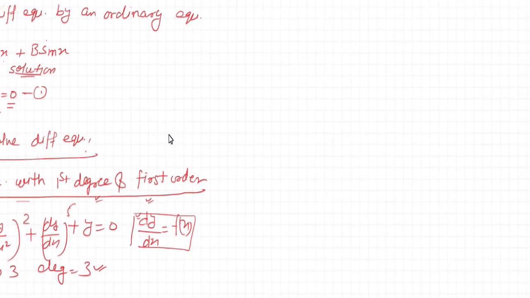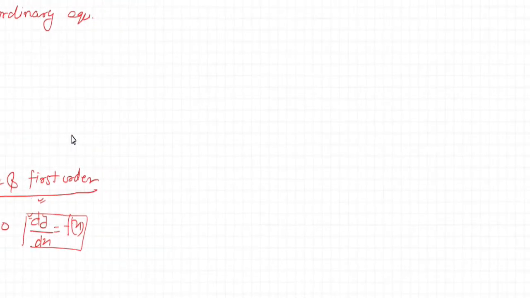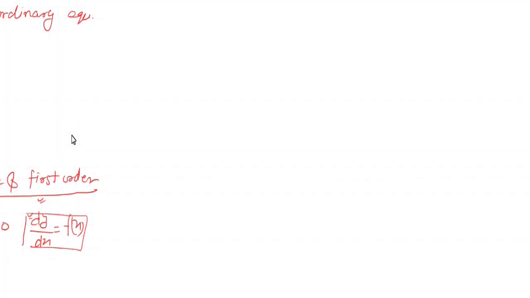So there are different types of such differential equation, and also there are many methods depending on the type of differential equation or the approach of the differential equation. You can apply different methods to solve or to find out the value of y.